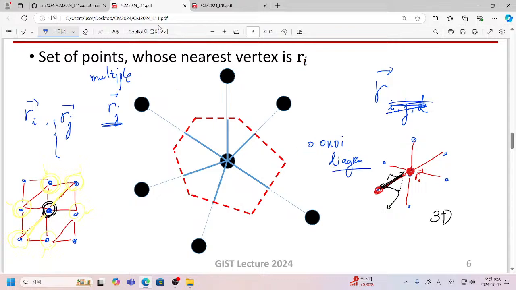Okay, so now the point is, as I told you before, when we talk about this 2D or 3D case, we can always consider a central point and a neighboring point, the first neighboring point, and between this center point and first neighboring point, there are two important quantities.